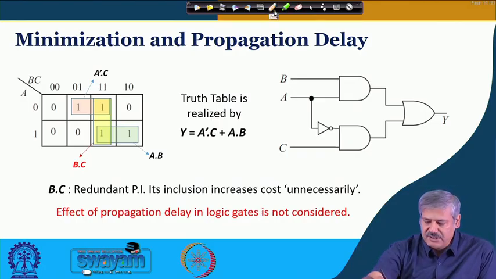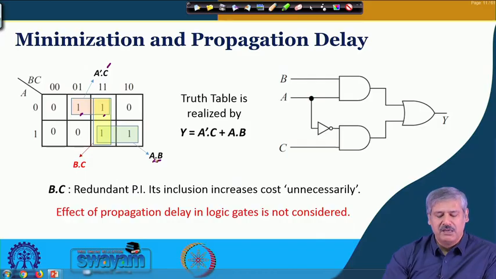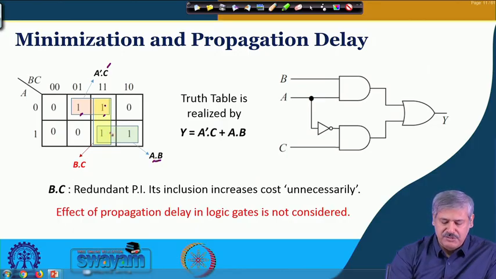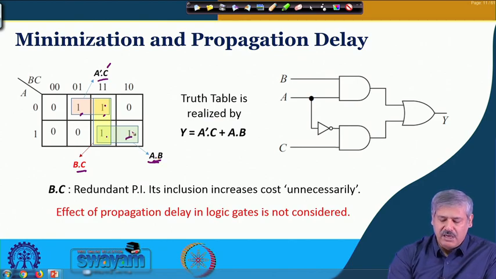This one and this one are covered by A prime C, this one and this one are covered by A B. And there is another way we can have this one and this one covered by B C, but these 2 ones are already covered by A B and A prime C. So, A B and A prime C are essential prime implicants, essential because they are covering either this one or the other one, which is not covered by anyone else, and in this case B C becomes non-essential. So, it is redundant.